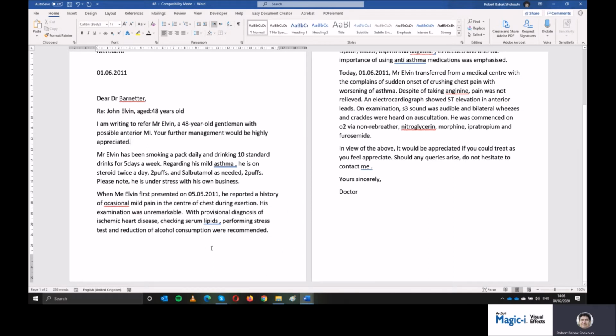Didn't it say anywhere that it is an urgent referral? In the case note, doesn't mention it. But it says I'm sending him with a paramedic. Oh, paramedic means that. I know. I'm writing to urgently refer Mr. Elvin and your further management would be highly appreciated.